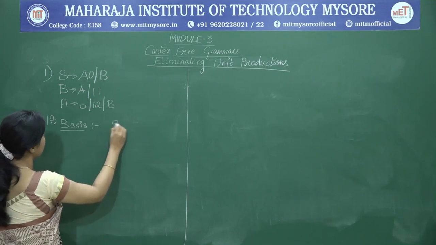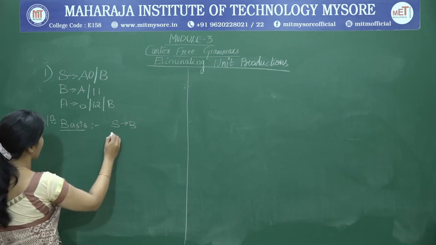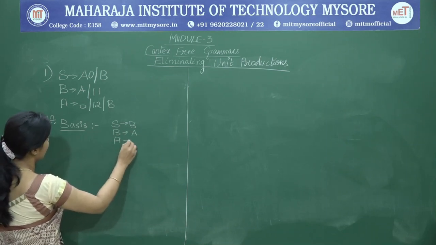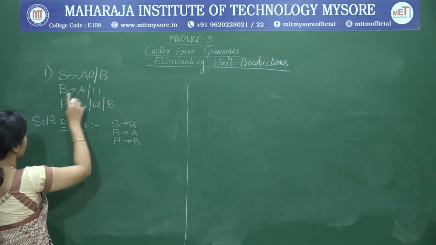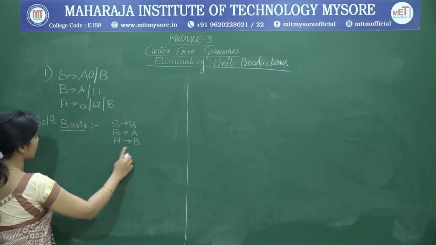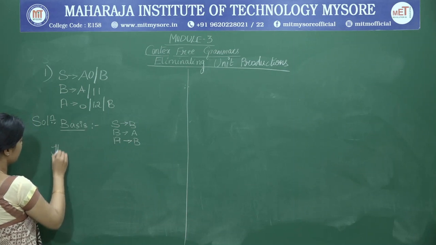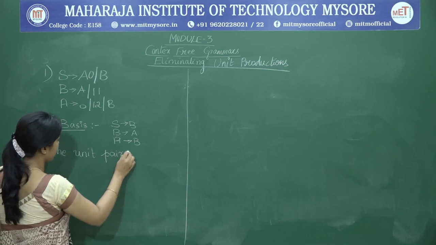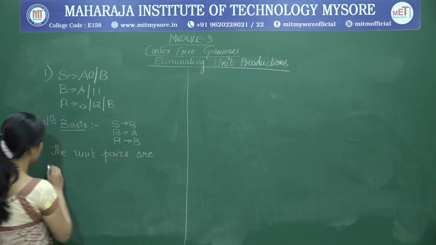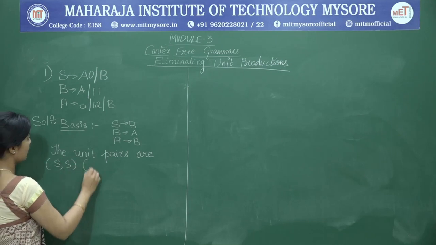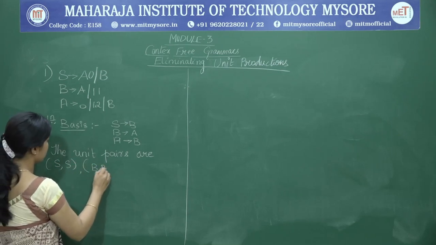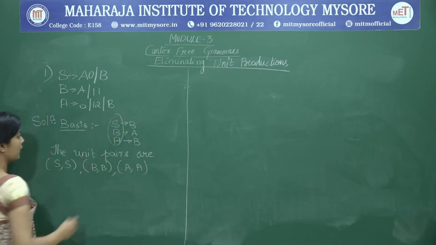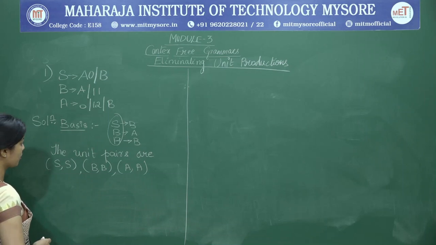So directly we have S goes to B, B goes to A and A goes to B. Therefore, the unit pairs are S comma S, B comma B and A comma A. So we will consider the 3 variables that are leading to unit productions.